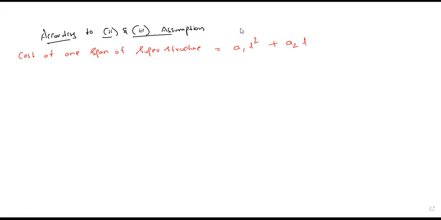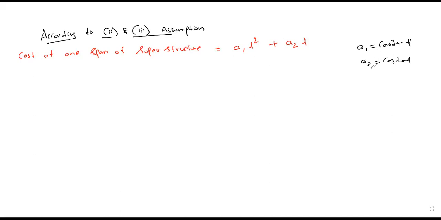What do you mean by that? Why? Because A1 is a constant. In your assumption, we have drawn two constants. A1, and A2 is also a constant. What do you mean A1? A1 is nothing but the second assumption: cost of supporting system varies as the square of the span length. That is what the A1 constant. What is the A2 constant? Cost of flooring and parapets also varies based on the span.